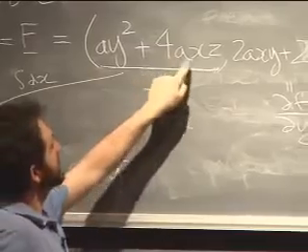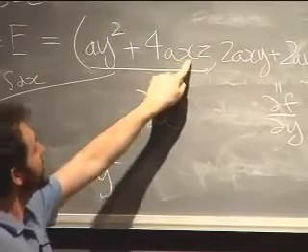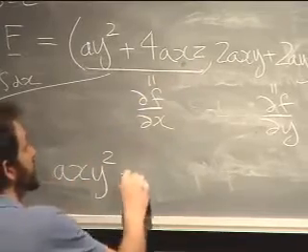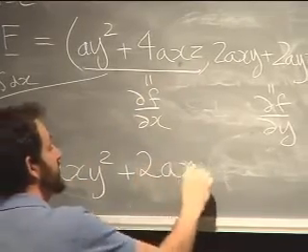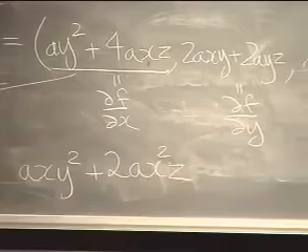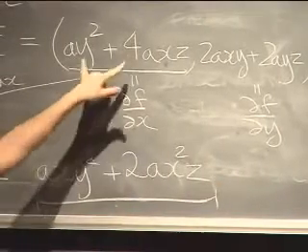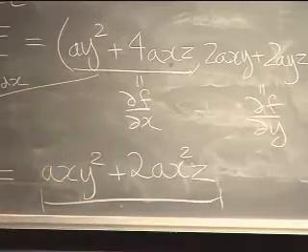Here I get 4ax, the integral of x is x squared over 2. So here I'm going to get plus 2ax squared z. So this is from the first integral here. So I just integrated that with respect to x.